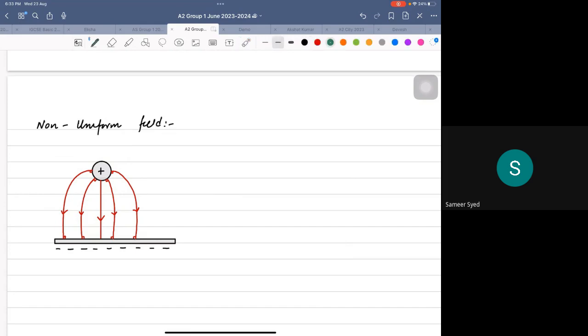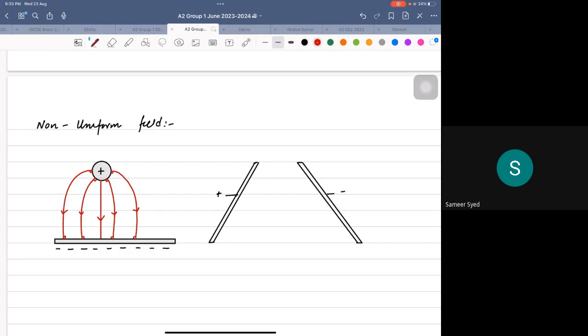Same goes for another sort of diagram. Suppose there is a plate like this, and then there is a plate like this. Like that. So in this, let's suppose one is positive, one is negative.